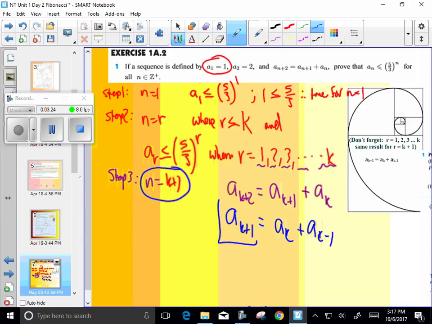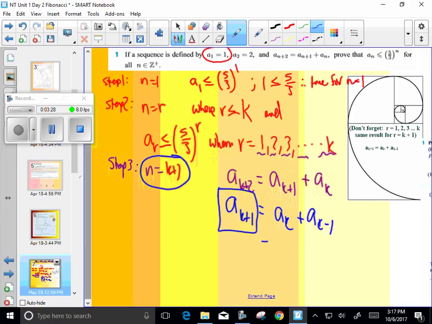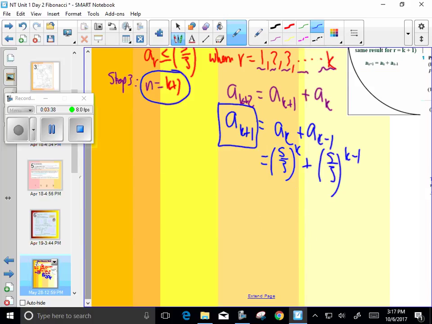Because we're trying to get this as my end result, we're going to express a(k) as (5/3)^k plus (5/3)^(k-1). And as best we can, a(k+1) is going to be (5/3)^(k+1).